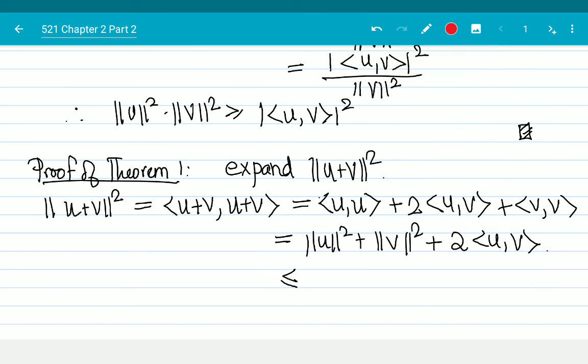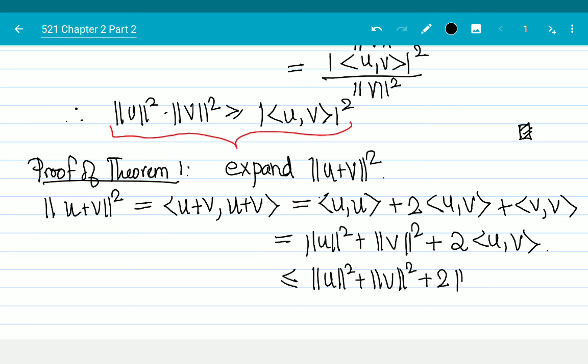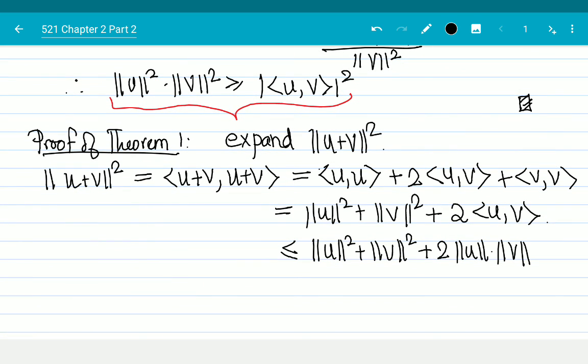norm of u squared plus norm of v squared plus 2 norm of u times norm of v, well, which is exactly equal to norm of u plus norm of v whole squared, right?